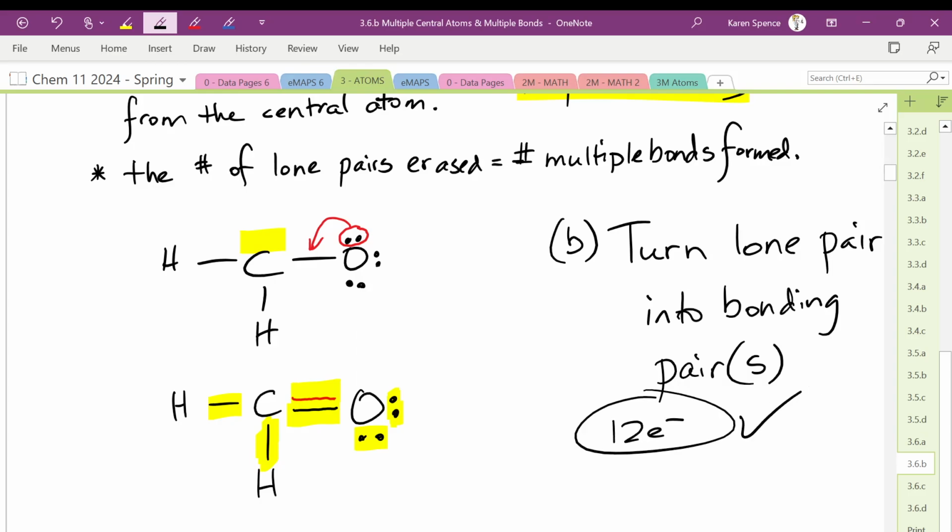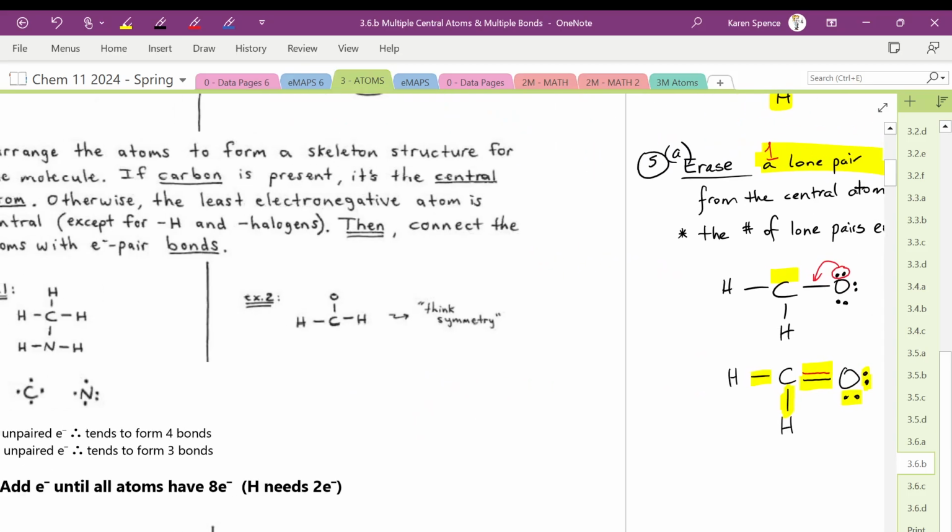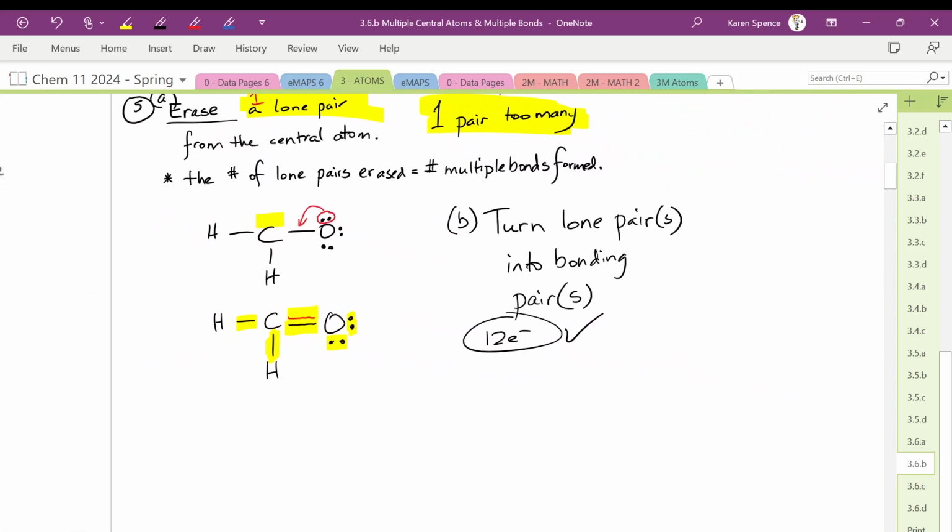Yay! And now you're also going to double check and make sure everybody has 8 electrons. Does everybody have 8 electrons? Yes. So at the end, it is really important that you check the total number of electrons you have, and that everybody who needs 8 has 8. Because it's so easy to make a stupid mistake and then realize you've made a horrible mistake. All right. We're going to try another one.